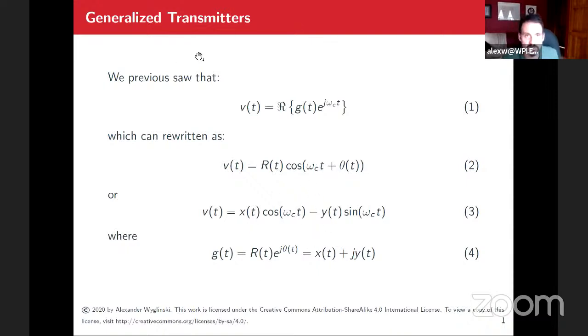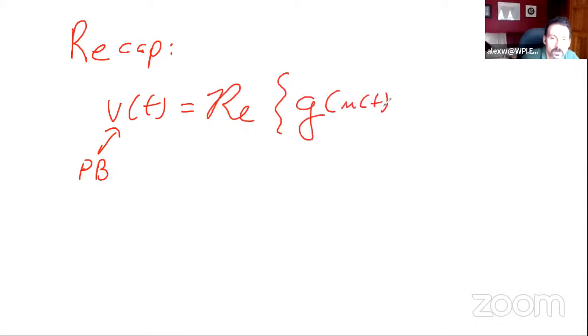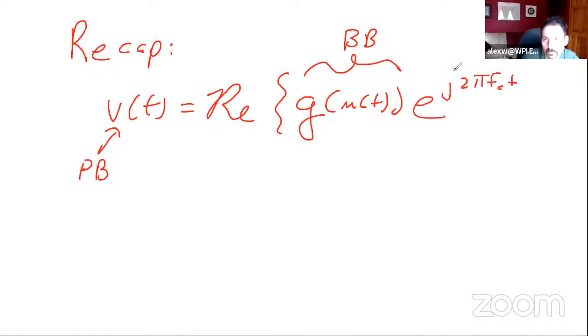So let's actually write out what these are. Let's just recap. The passband signal, PB, is equal to the real part of the mapping of an information signal m of t to a baseband signal, BB, times e to the j 2 pi fc t. Again, this could be represented as omega c too.